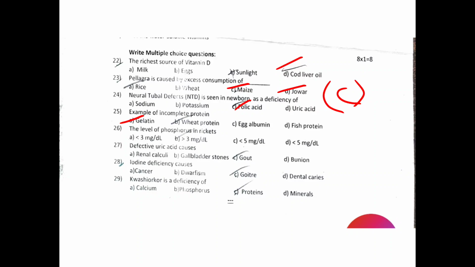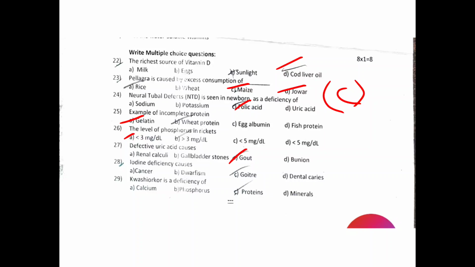The level of phosphorus in rickets is less than 3 milligram per dl. I repeat, it is less than 3 milligram per dl. Next, option A is correct. Defective uric acid metabolism causes gout.